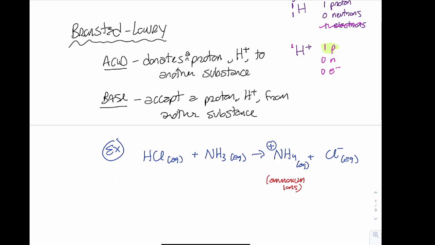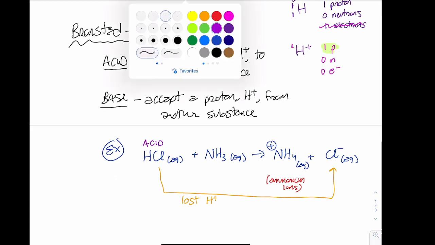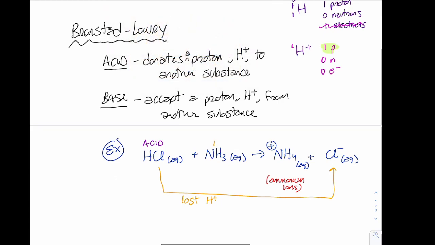So when I went from here to here, we actually lost H plus. It donated a proton. So that makes this my acid. And then if I look at this one, oops, drew my line too far.